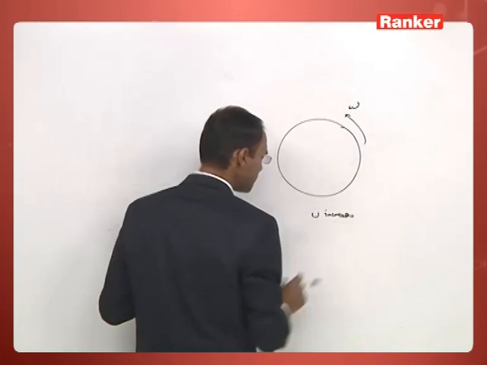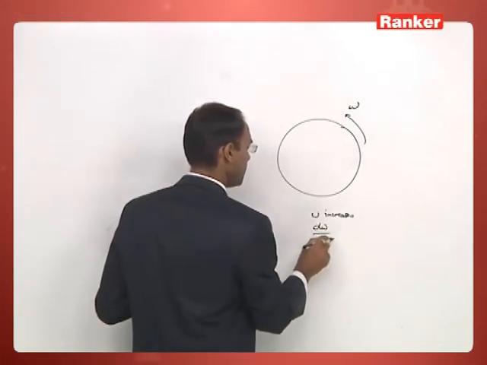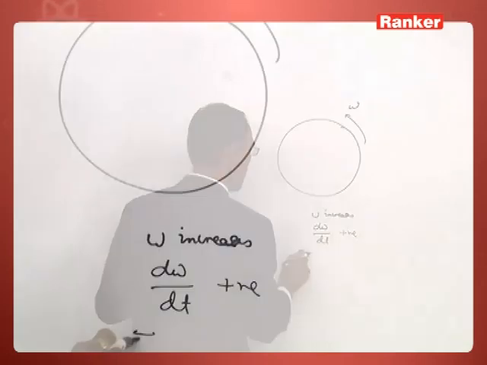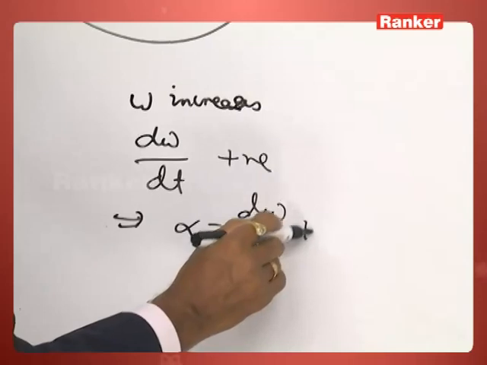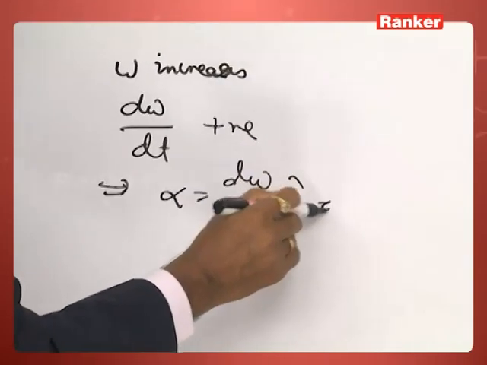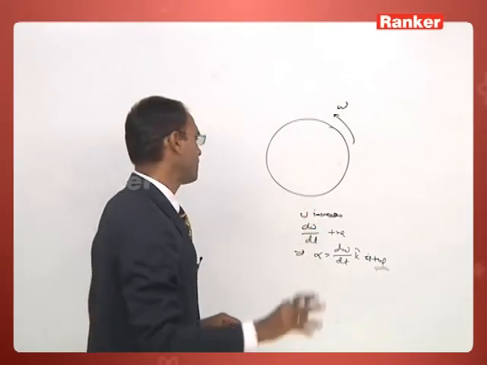When omega increases, d omega by dt is positive. Therefore, alpha is equal to d omega by dt k cap, which is positive. Positive means it's directed in positive z direction.